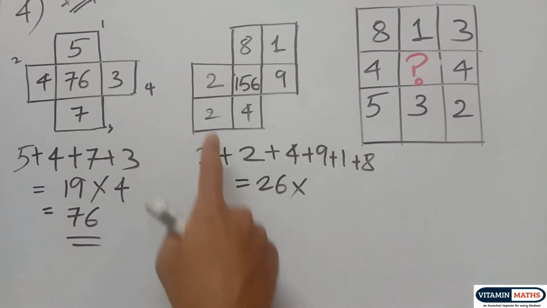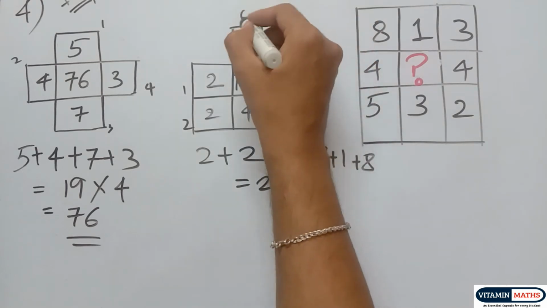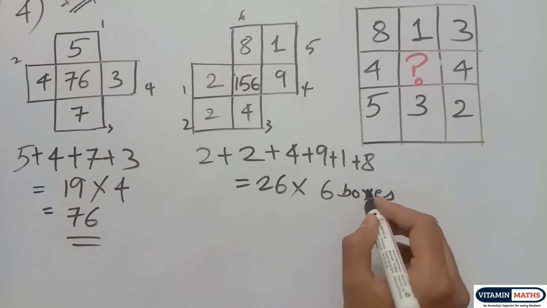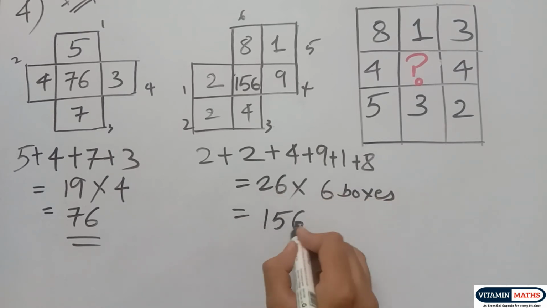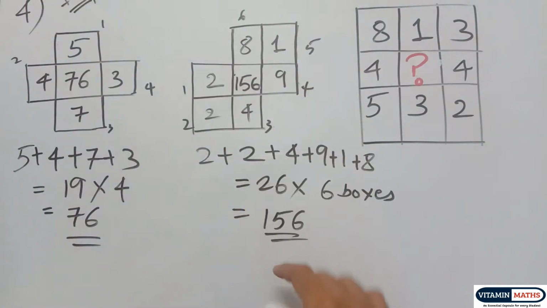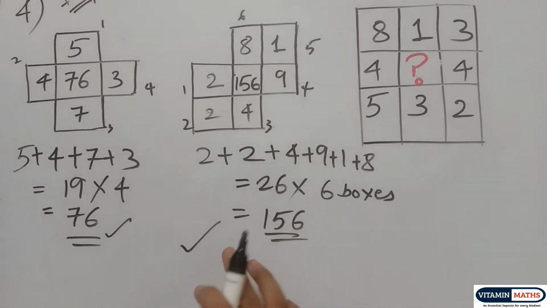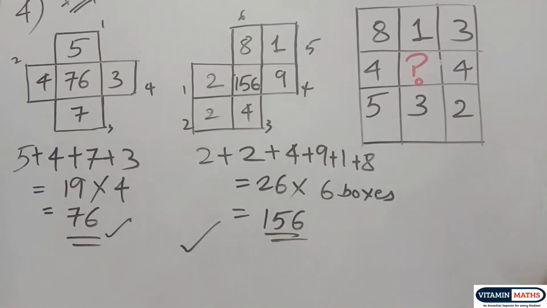How many boxes are there? 1, 2, 3, 4, 5, 6. So 26 into 6 boxes is 156. You can check it here. Both logics are correct, so this same logic will work for this third table and we will get our answer.